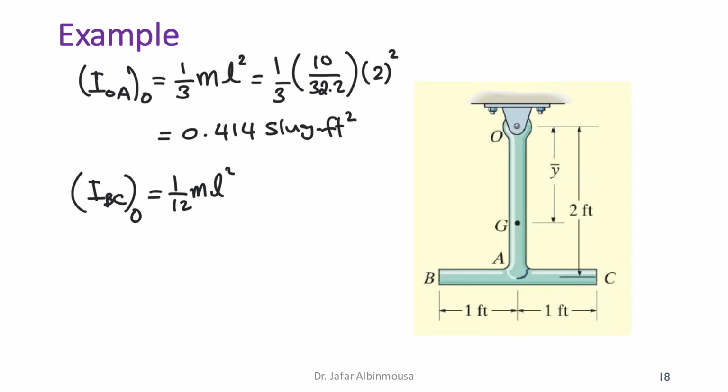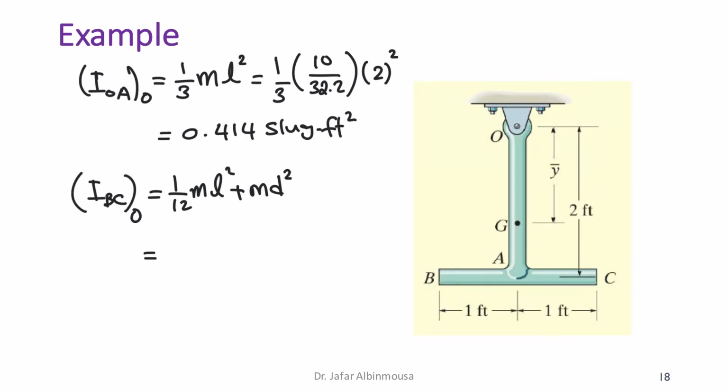So this part is the moment of inertia for a rod around its center of gravity, right here in the middle. But since I want it at O, I have to use the parallel axis theorem, which says that you have to add the md square term.